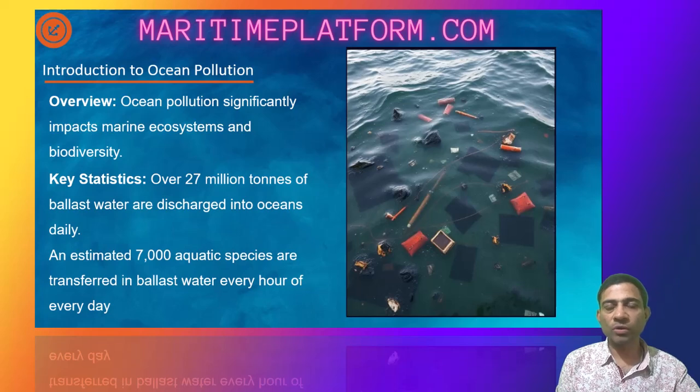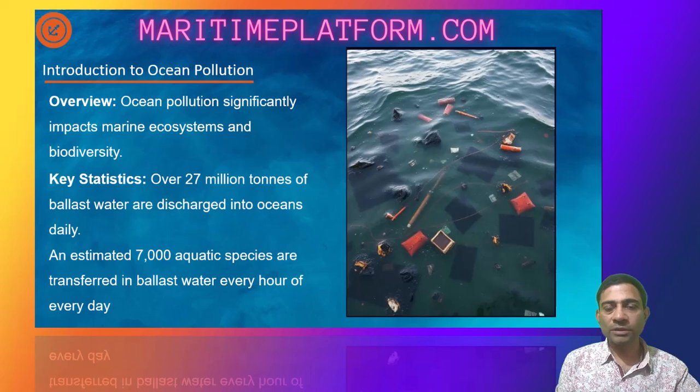First we have to understand what is ballast water. Ballast water is basically the sea water which the ships take into their tanks while discharging the cargo. While discharging the cargo, the ship becomes light, so it floats up where there is no cargo on the ship.